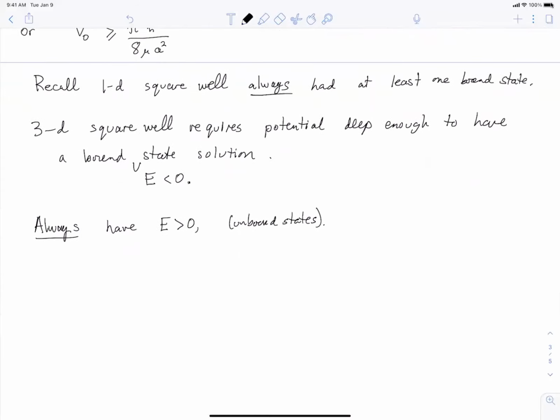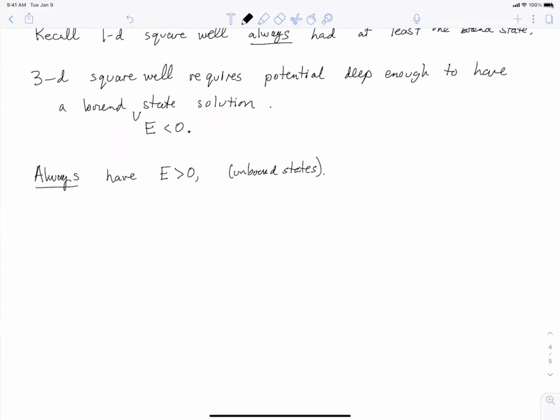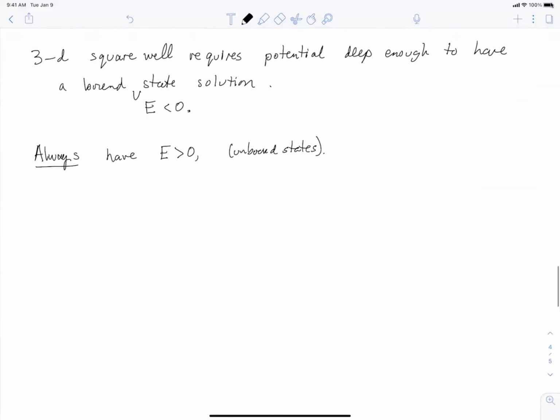All right, so let's do another example. This one won't be piecewise constant, so it will require us to solve another differential equation, and we'll run into yet more special functions.